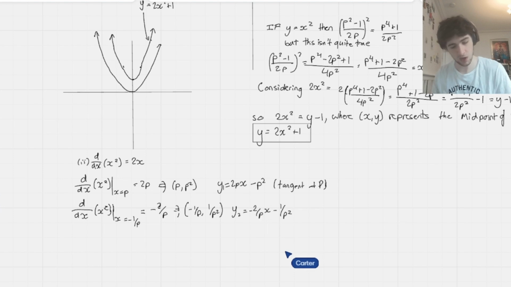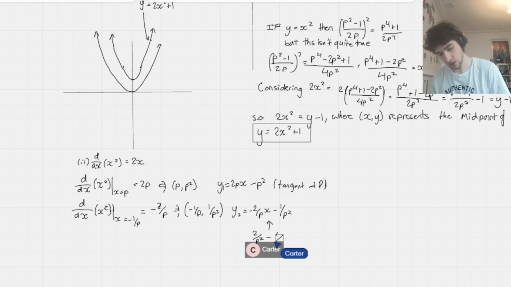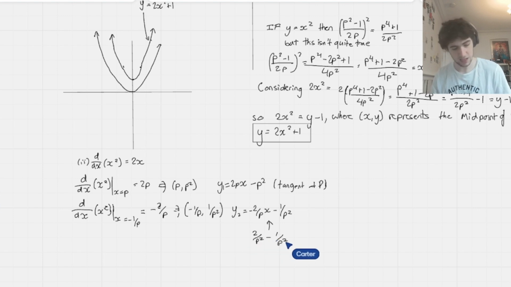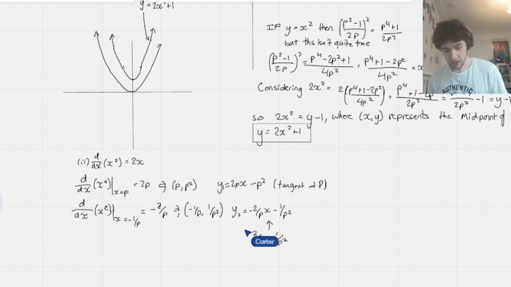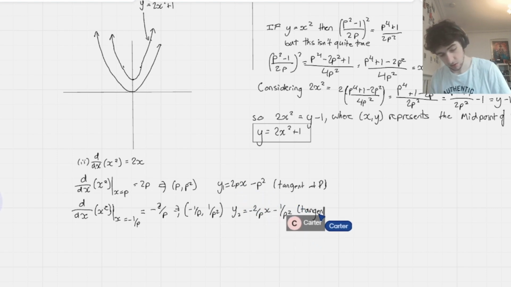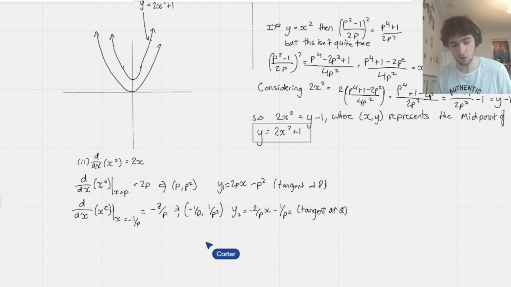Because if I plug in minus 1 over p, I get 2 over p squared minus 1 over p squared, which gives me 1 over p squared. And that's the value of y that I want. So that's my tangent at q. And now I need to find the point of intersection of these two lines.